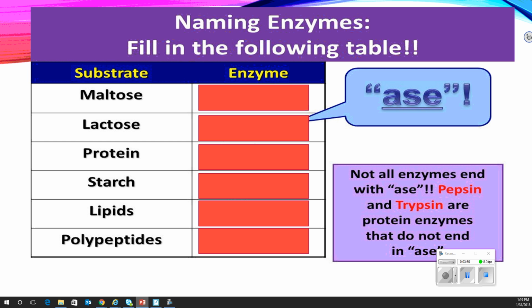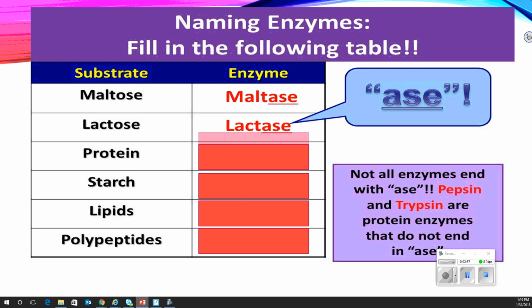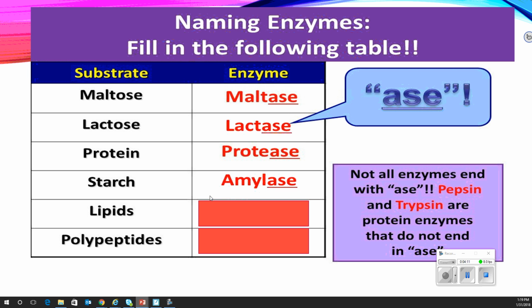Okay, let's see what we can do here. Maltose, maltase. Lactose, lactase. Protein. They're a little bit different. This is in your notes, so you should be putting it in, I hope. Starch, amylase, so it's not starchase.